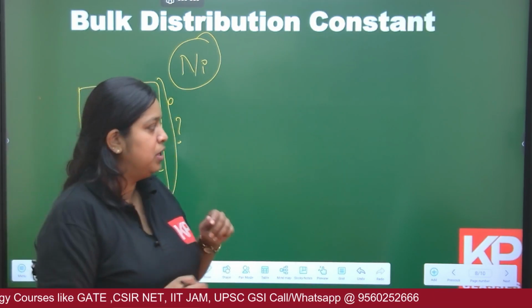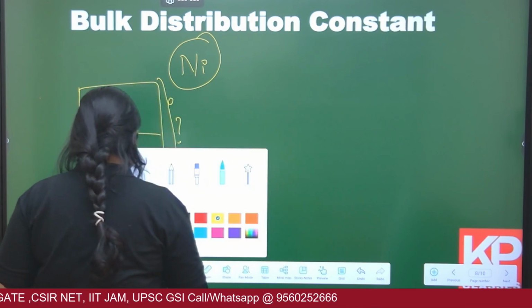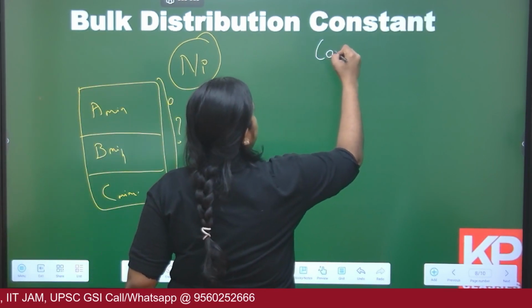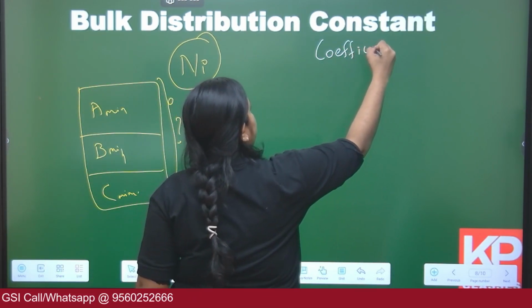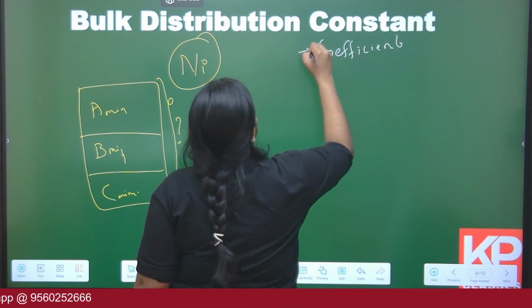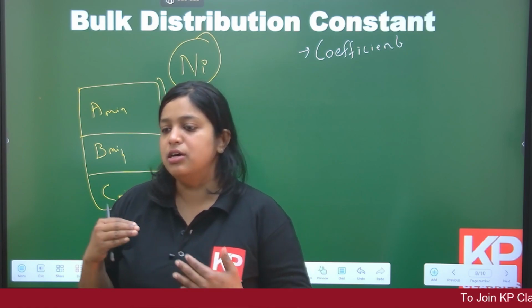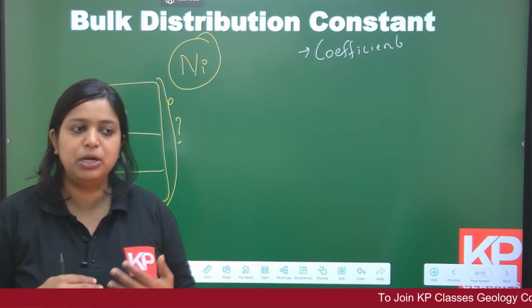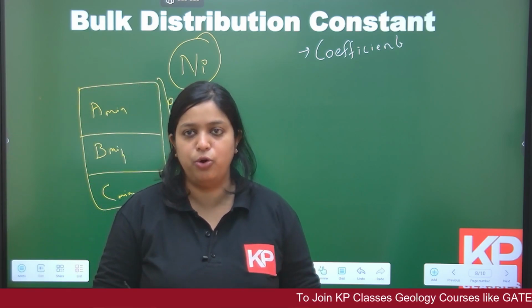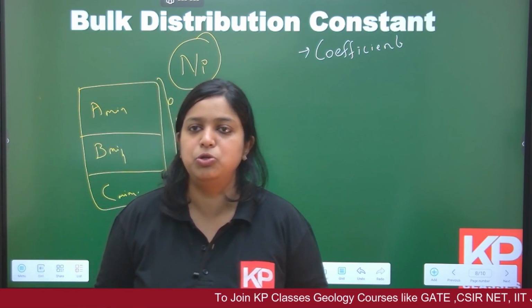The bulk distribution coefficient defines the compatibility of an element in a whole rock.